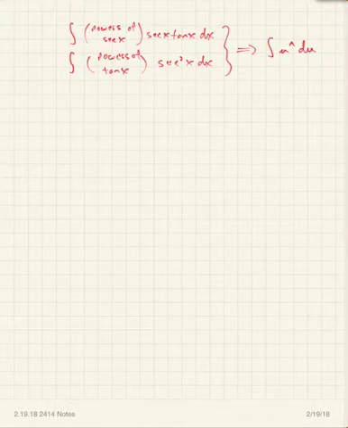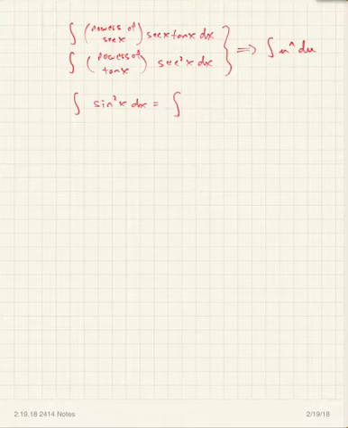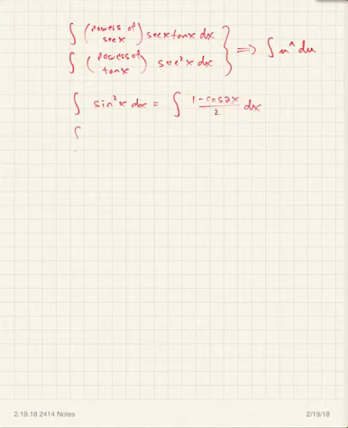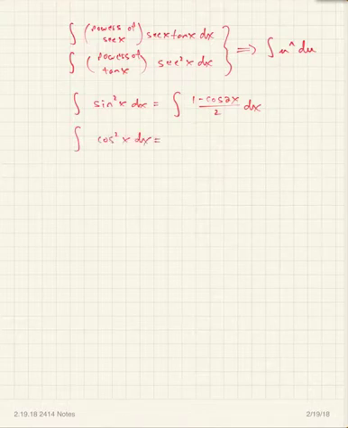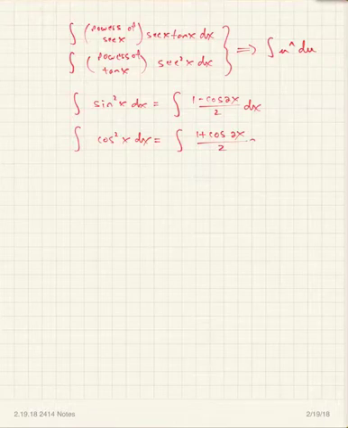And then finally, we saw how to deal with even powers of sine and cosine, that if you had sine squared x dx, you use the trig identity that sine squared is 1 minus cosine of 2x divided by 2, and that if you had the integral of a cosine squared, you could rewrite that using a trig identity as 1 plus cosine 2x over 2.